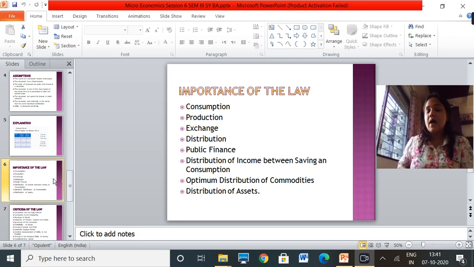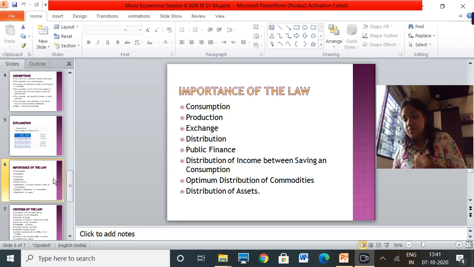Distribution of income, distribution of income between saving and consumption. So how will you distribute as a consumer? How will I distribute my income so that I maximize my satisfaction by buying different types of goods as well as I do savings? Okay, because we as consumers, we do not spend the entire income that we have.